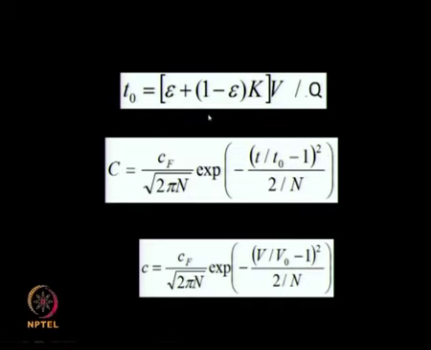So if I have a column and I want to know how many theoretical stages are there in the column, all I do is inject a sample and look at the retention time of the peak leaving the column and at the spread or the standard deviation, and I can tell the number of theoretical plates in the column.